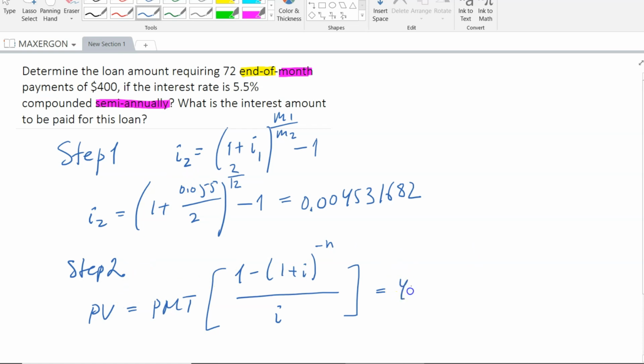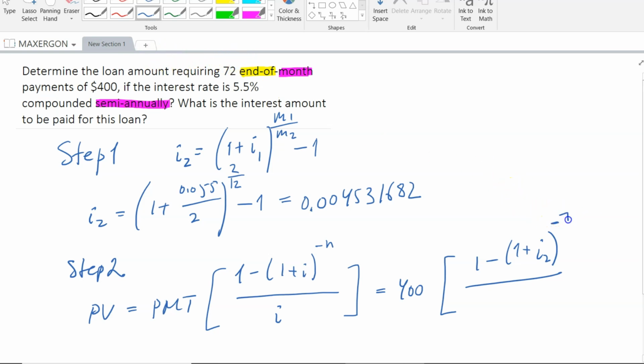PMT is $400, times 1 minus (1 + I), where the periodic rate is going to be I2 this time. We actually found this I2 here. It is in the memory of our calculator, so we don't really need to write this long number here. Note that we are already given n as 72 end-of-month payments.